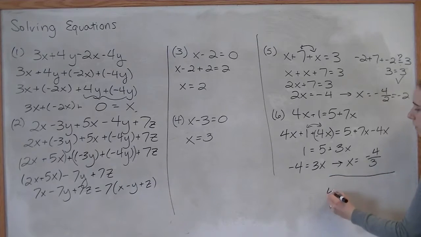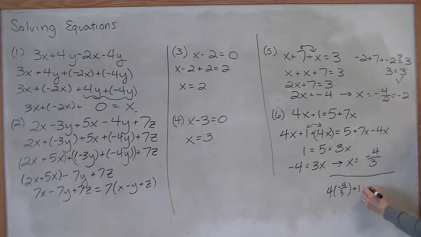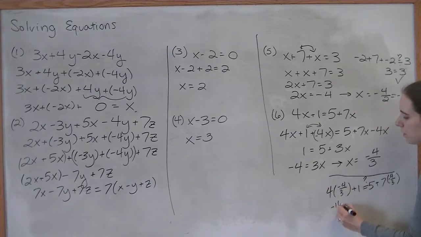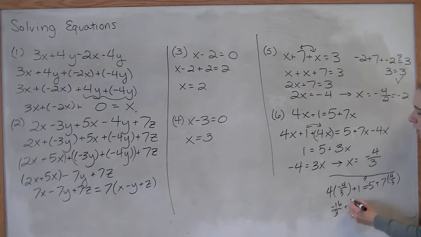So let's take 4 times negative 4 thirds plus 1. And we want to know if that's equal to 5 plus 7 times negative 4 over 3. Well, 4 times 4 would give me 16, so I have negative 16 thirds. I'm going to write the 1 as 3 over 3.